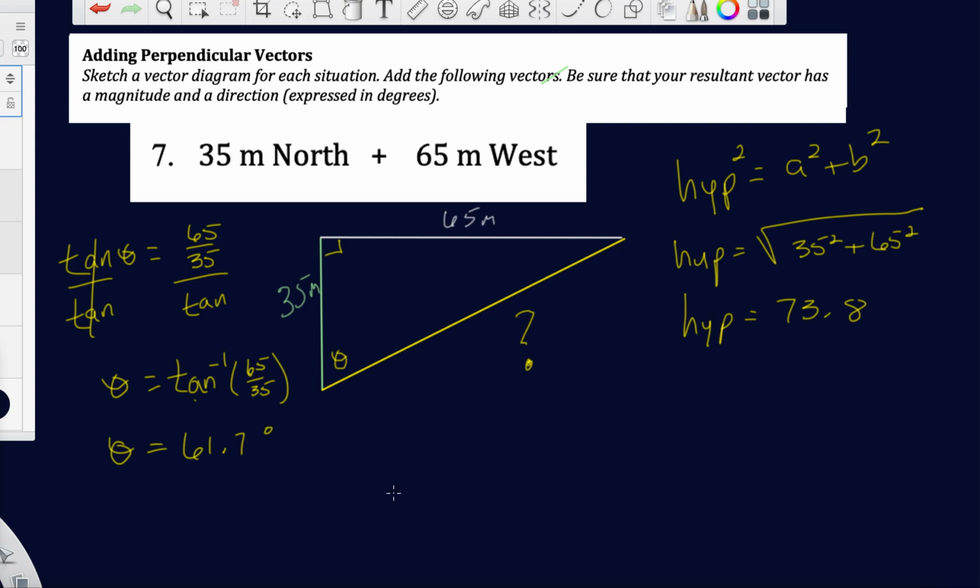So we have a distance of 73.8 meters, at 61.7 degrees, and that is west of north.